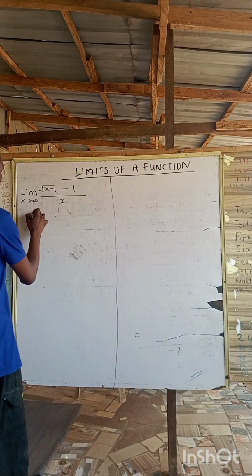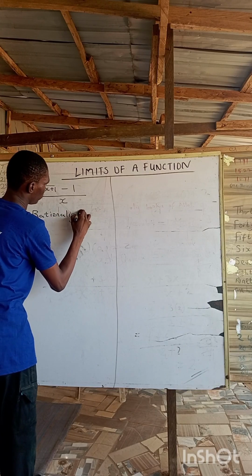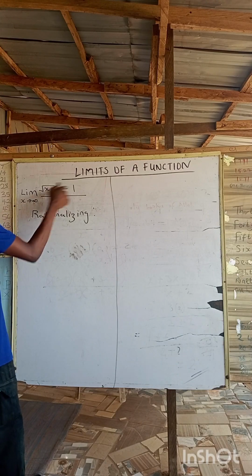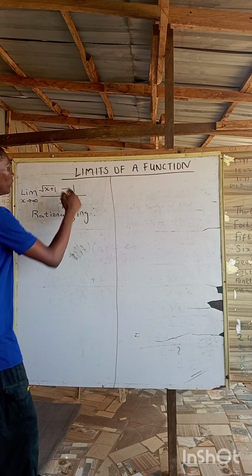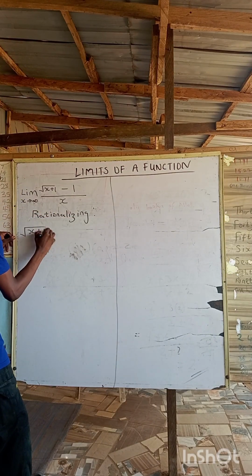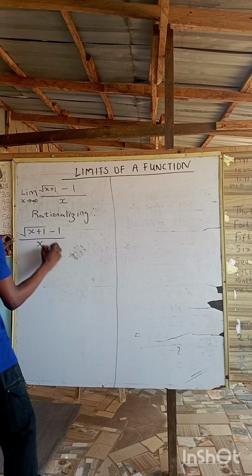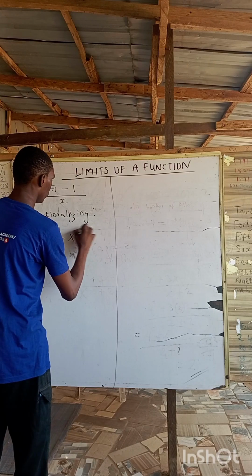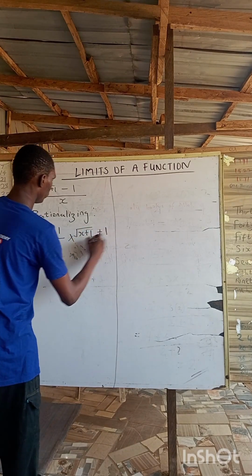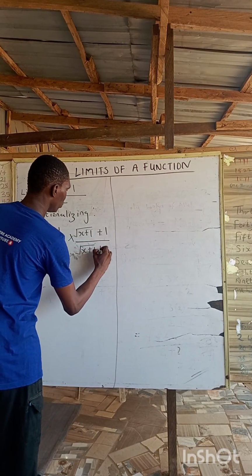So rationalizing, the conjugate will be root x plus 1 plus 1. We have (root x plus 1 minus 1) over x, multiplied by (root x plus 1 plus 1) over (root x plus 1 plus 1).